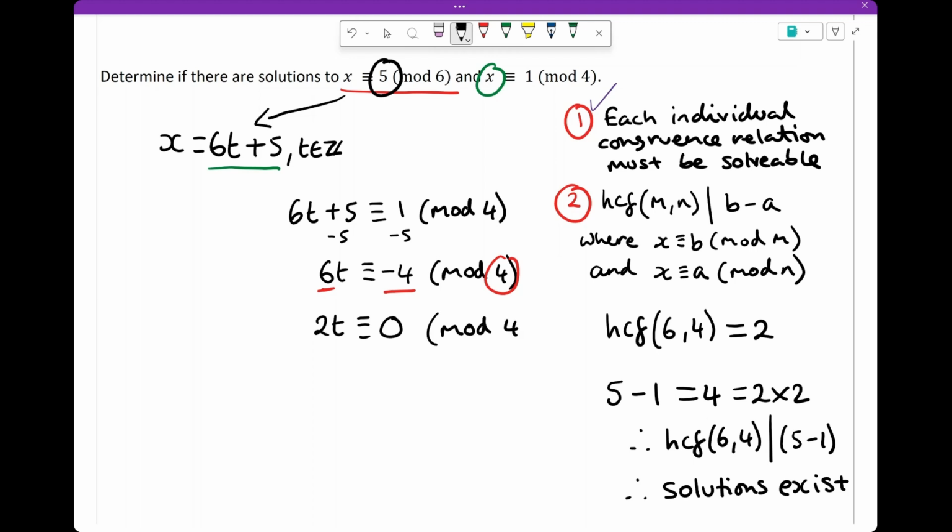Then usually what we'd do next is investigate the highest common factor of the value multiplying t, so the 2, and the mod, which is 4. The highest common factor of 2 and 4 is equal to 2.